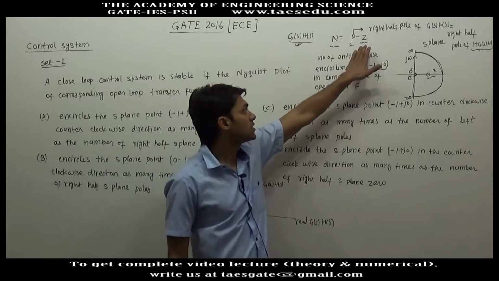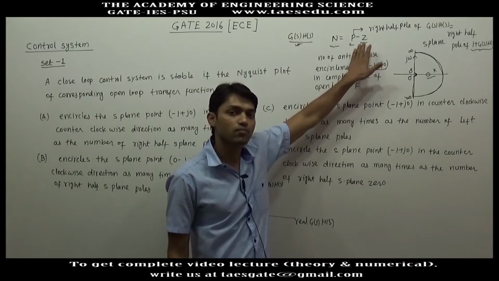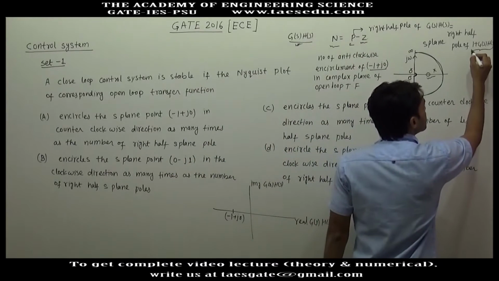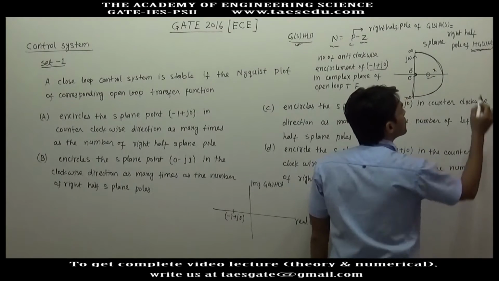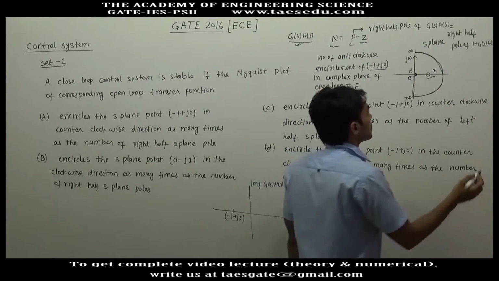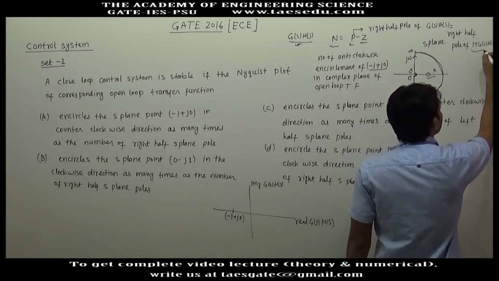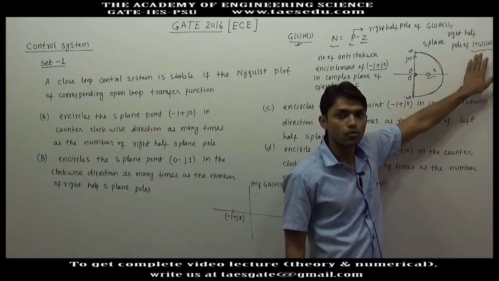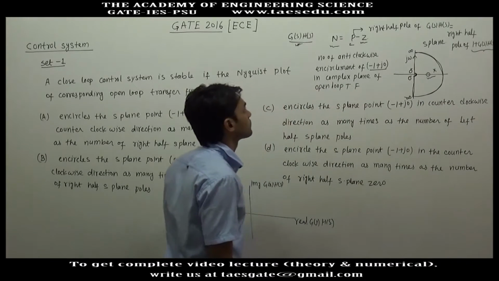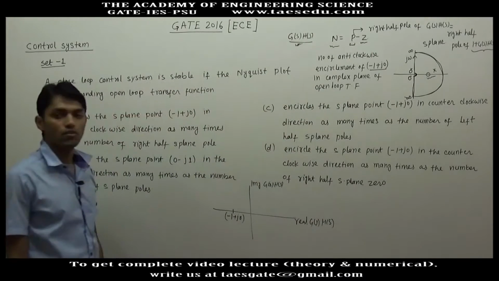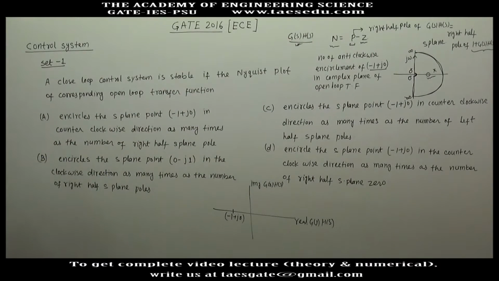Z is nothing but the number of right half poles of the closed loop transfer function, because this term appears in the denominator of the closed loop transfer function, so the zeros of this term will be poles of the closed loop transfer function. Okay, so this is the formula to find out the stability with the help of the Nyquist plot.